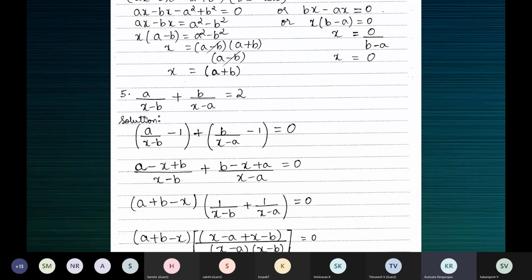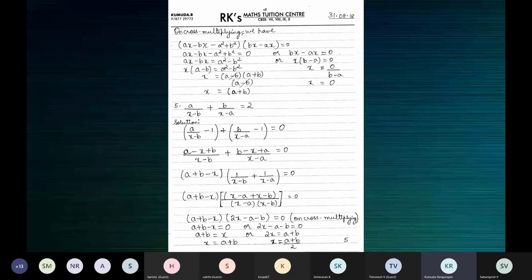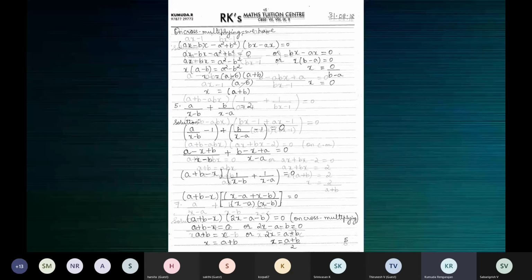When you transpose 2, it becomes minus 2. Let's break that minus 2 as minus 1 and minus 1. Take minus 1 with this term and minus 1 with this term is equal to 0. The procedure is similar to the earlier ones. The answer ends here.